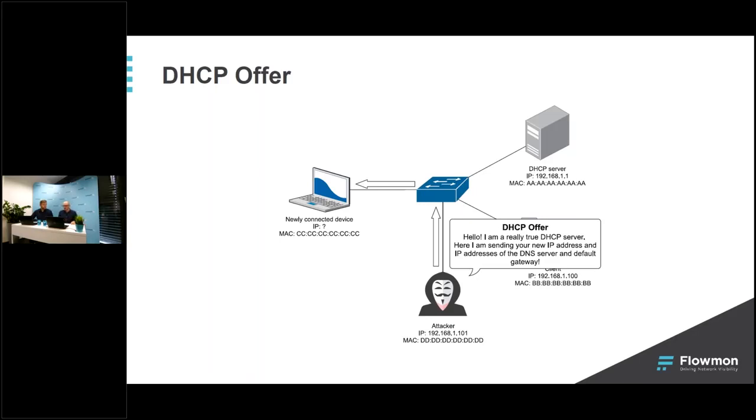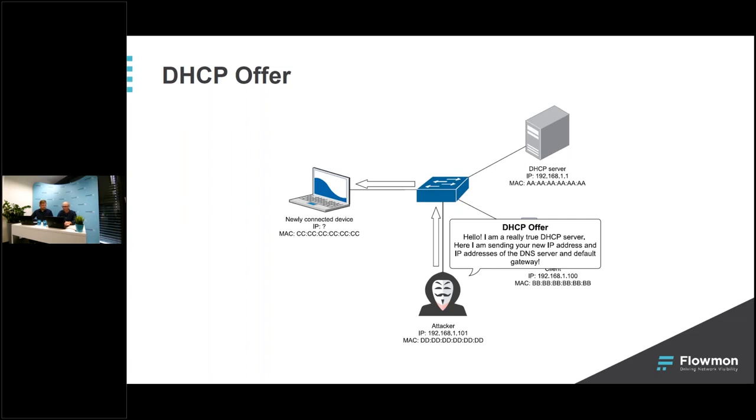And what is important, he sets his own IP address as the IP address of the default gateway, which means all the packets to the internet are sent to the attacker, and optionally also the IP address of a DNS server, which he can also set to his own IP address.